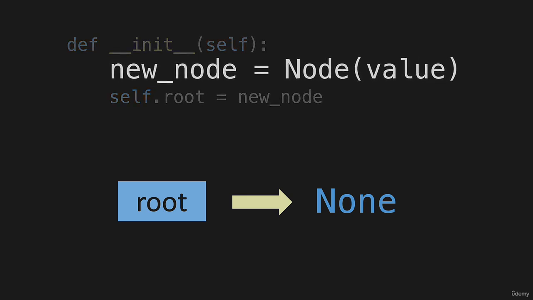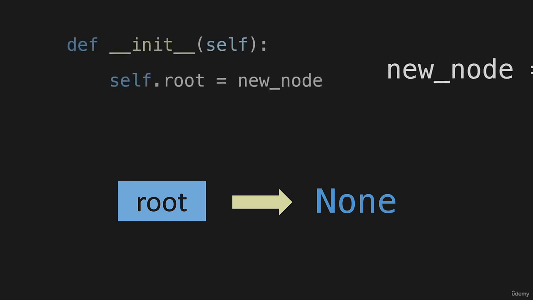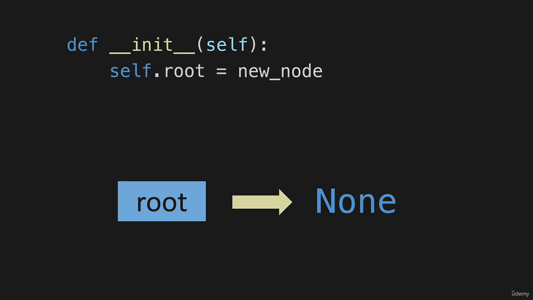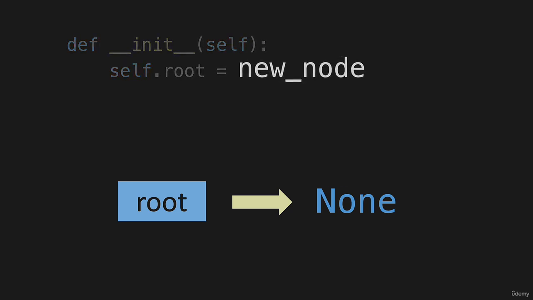The second line, all this does is create a node, so we can remove that. So this last line, self.root equals new node, we're going to change that to be equal to None. Now that becomes our entire constructor for initializing a binary search tree.